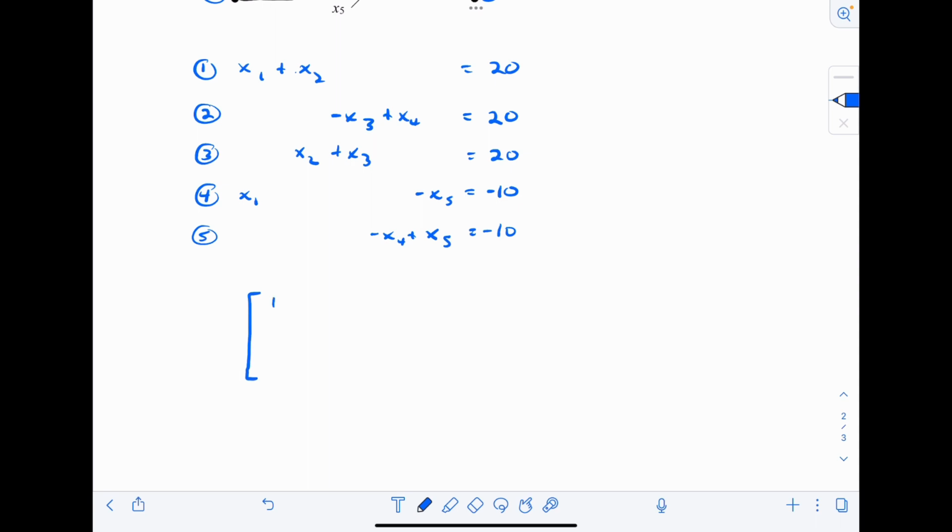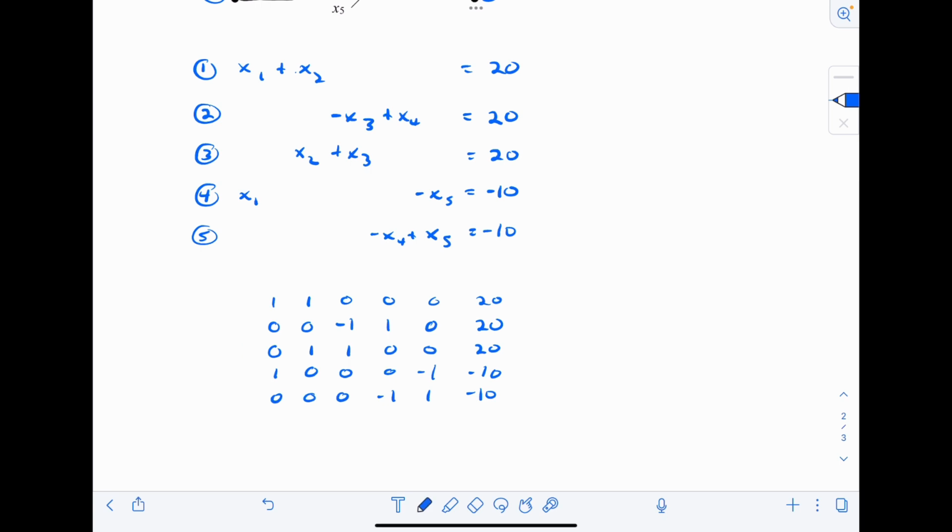From the first equation, we have 1, 1, 0, 0, 0, 20, and then 0, 0, negative 1, 1, 0, 20, 0, 1, 1, 0, 0, 20, let's see, 1, 0, 0, 0, negative 1, negative 10, and 0, 0, 0, negative 1, 1, and negative 10. And let me make a little bit better of a bracket here that fits this. So there's our augmented matrix that we can solve.